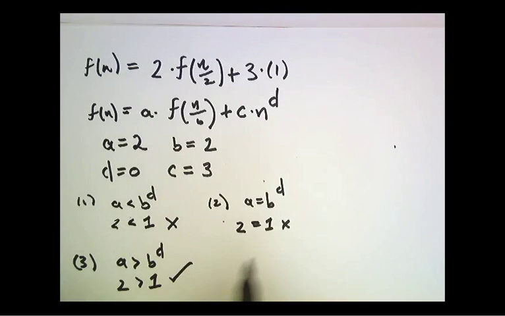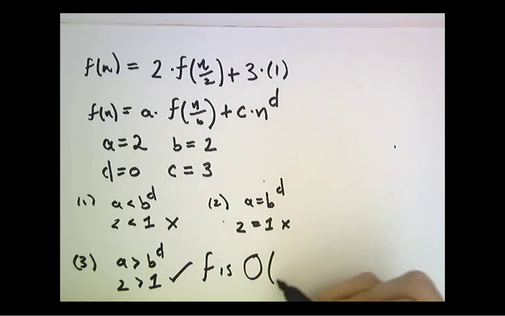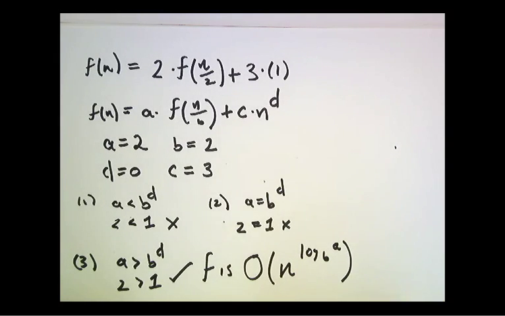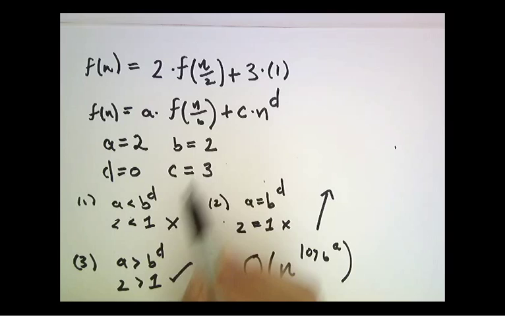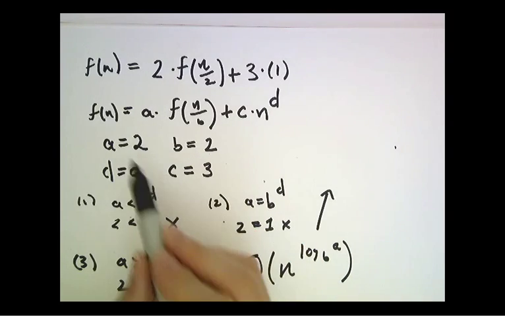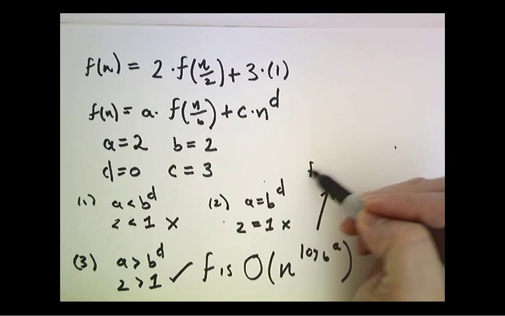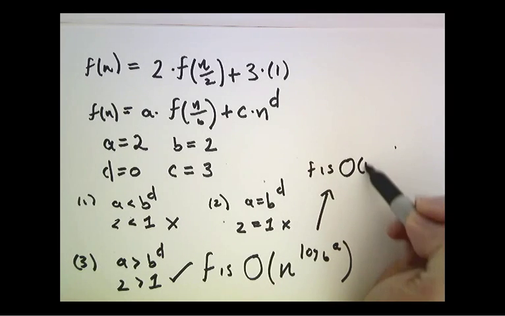And case 3 says that f is big O of n to the log base b of a. What is log base b of a? It's log base 2 of 2, which is 1. That implies that f is order n.